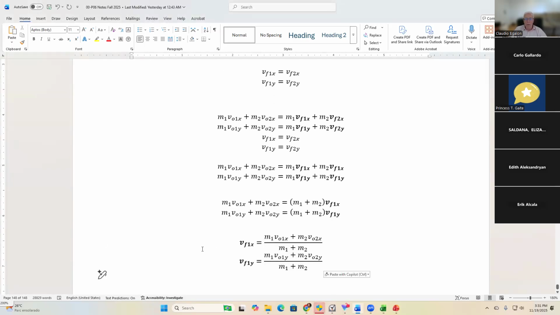Like that, and that's what we get. That's the solution, the 2-dimensional case. That is a solution for a 2D inelastic collision.